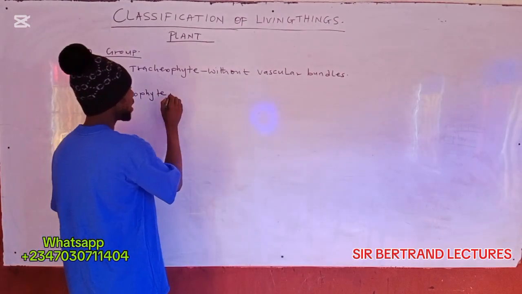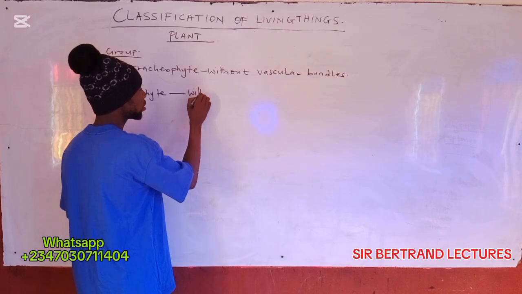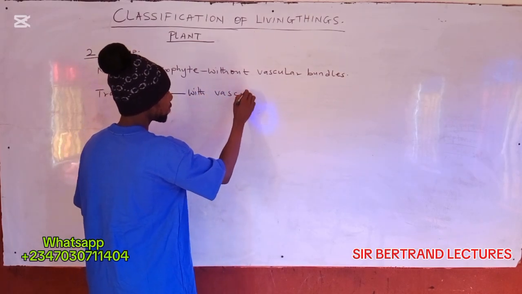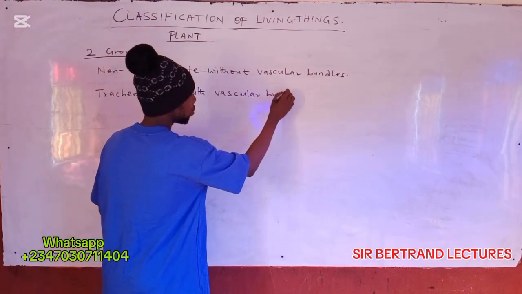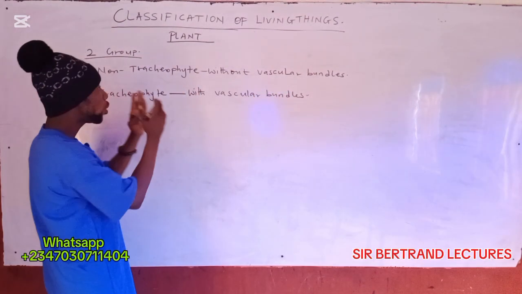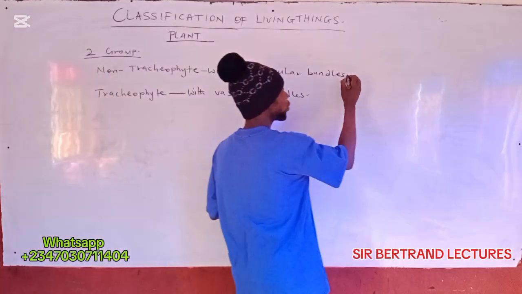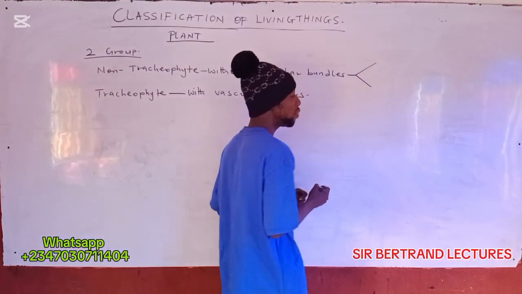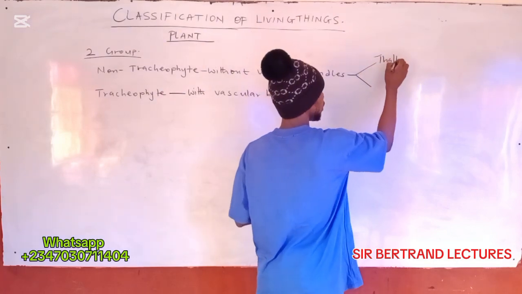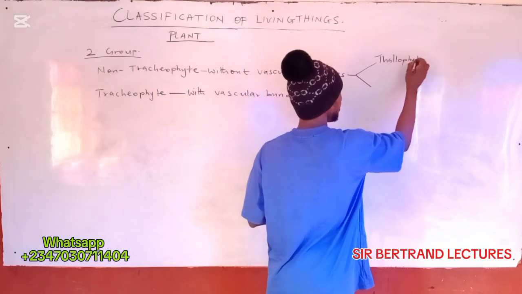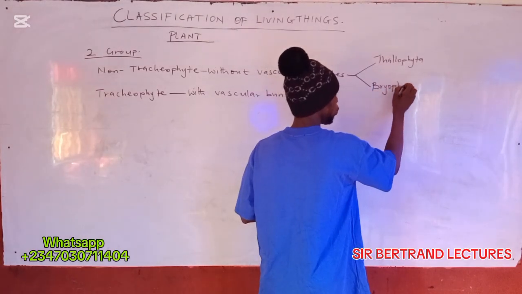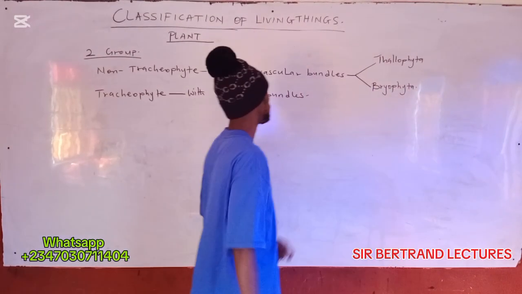Then the tracheophytes are those plants with vascular bundles. The non-tracheophytes are categorized into two divisions: Thallophyta and Bryophyta.